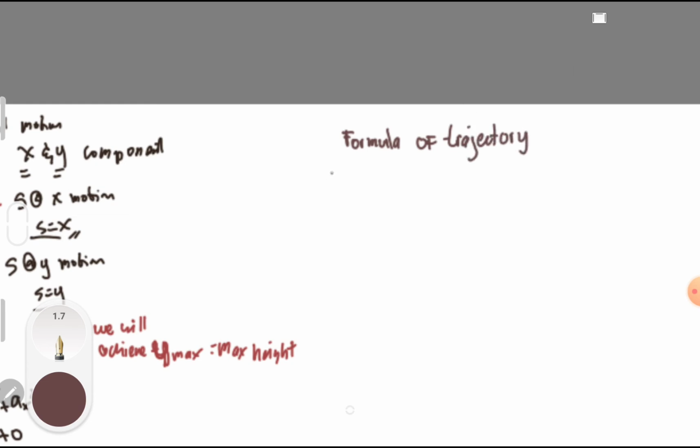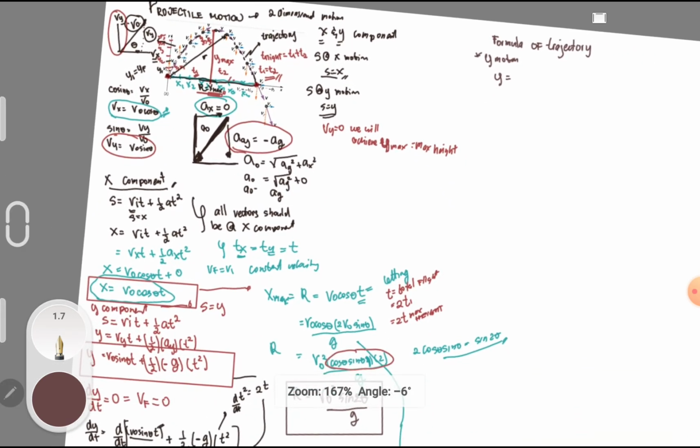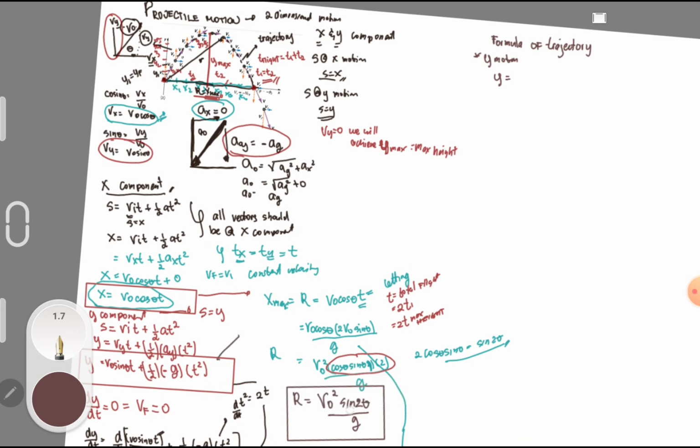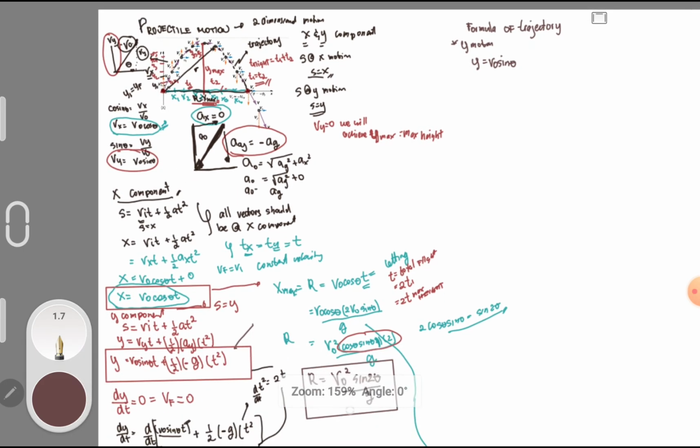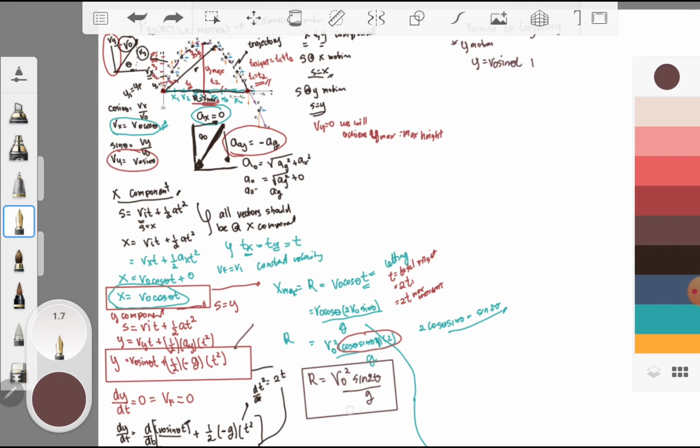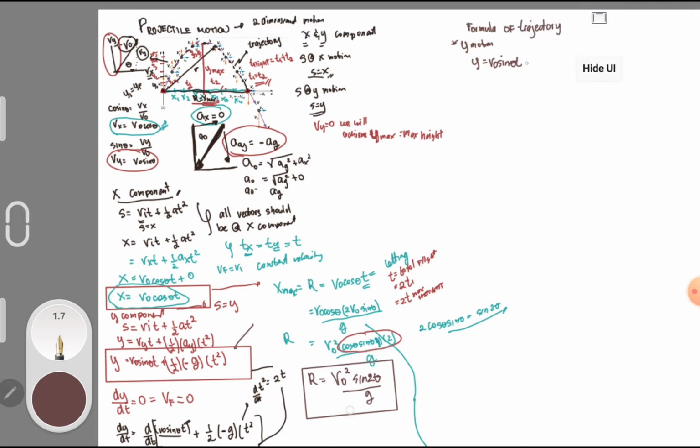So we all know that considering our y motion, meron tayong y is equal to VO sin theta multiplied by t plus, minus kasi consider natin yung g as your acceleration.